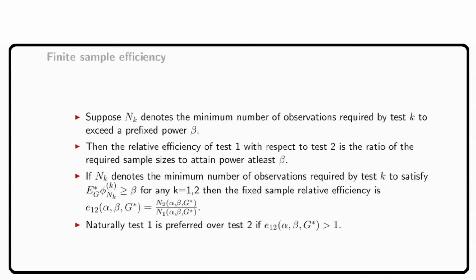Precisely, if Nk denotes the minimum number of observations required by test k to satisfy the expected value of phi n upper k under G star greater than or equal to beta, for k equal to 1 and 2, then the fixed sample relative efficiency is defined by the ratio E12 of alpha, beta, G star, equal to N2 of alpha, beta, G star divided by N1 of alpha, beta, G star.